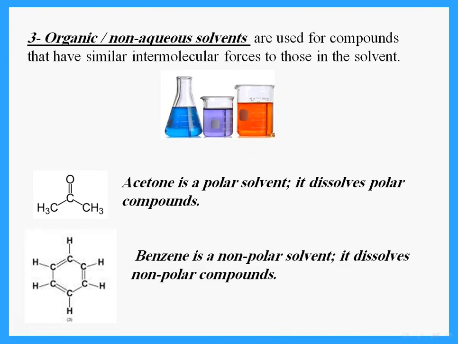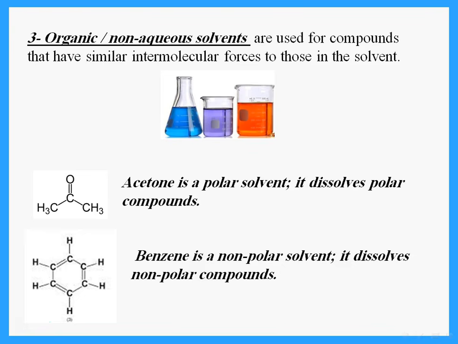So, what kind of solvents can we use? Well, that depends on what I'm trying to dissolve. A solvent will dissolve something that has similar intermolecular forces. So if I'm trying to dissolve something that is polar, it will dissolve in a polar solvent. For example, acetone is a polar solvent.